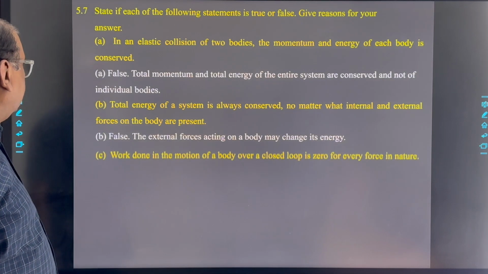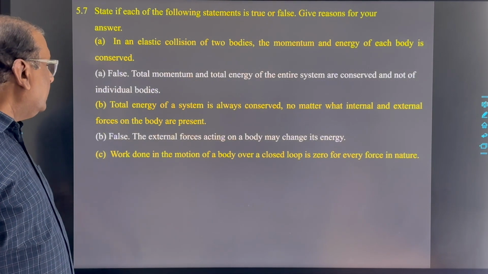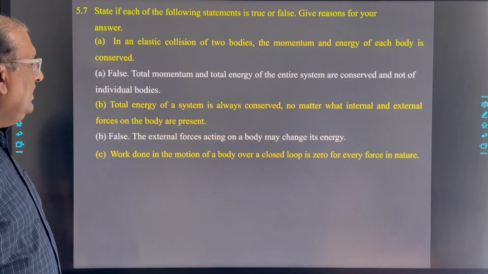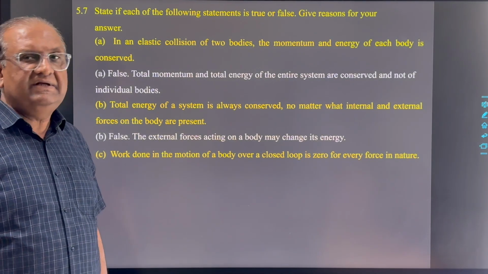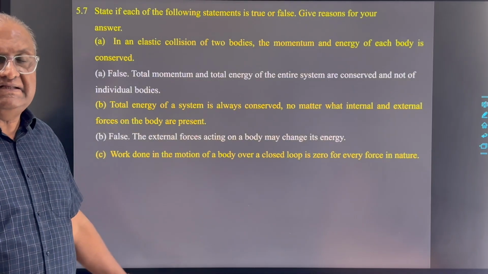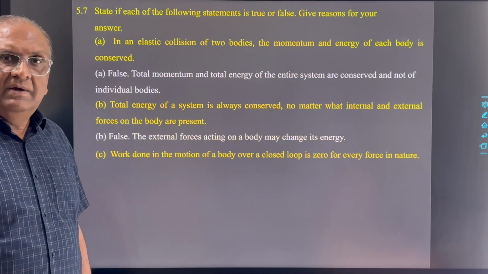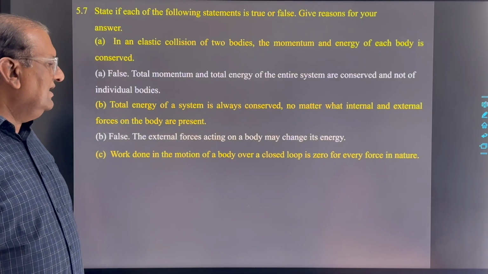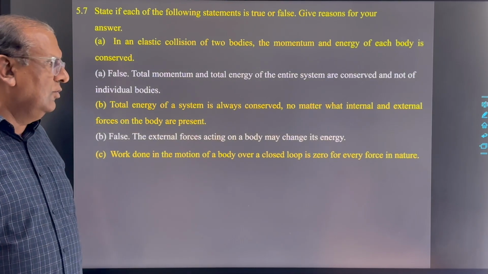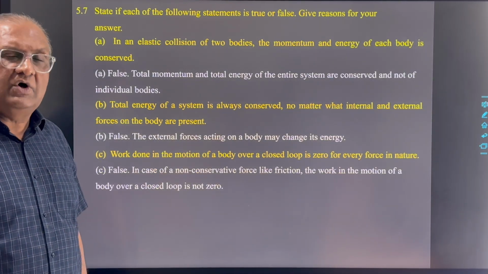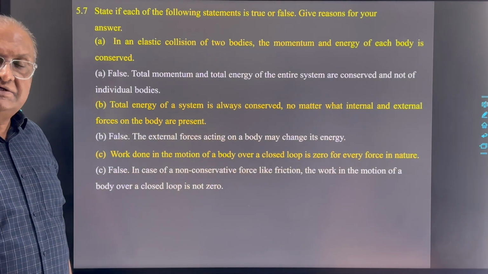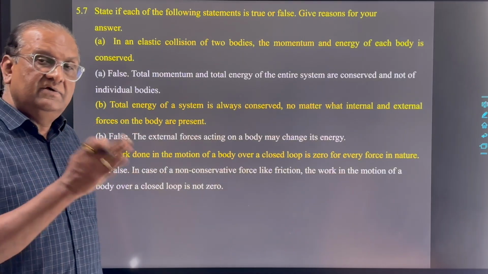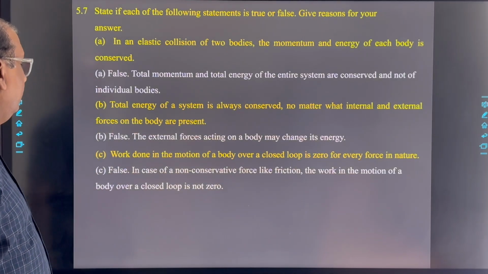Then C. Work done in the motion of a body over a closed loop is zero for every force in nature. No, it is not necessary. The statement is false because the work done is zero over a closed loop only in case of conservative force, and in nature it is not necessary that all the forces are conservative forces.